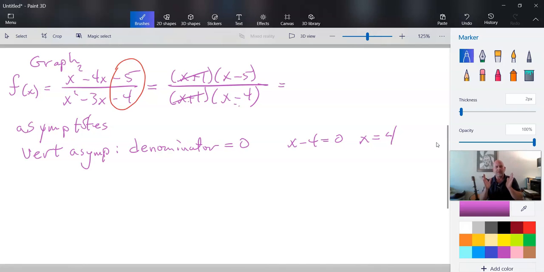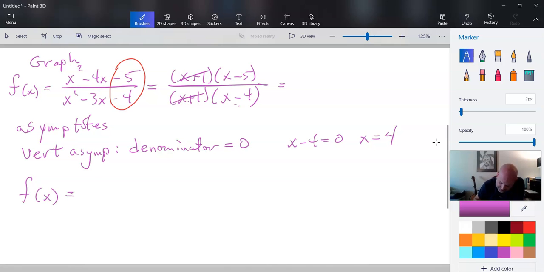Now, horizontal and slant asymptotes. It's kind of interesting the way this works. It really does help to look at the degree of the two polynomials being divided here in f. Let's just generalize this first.